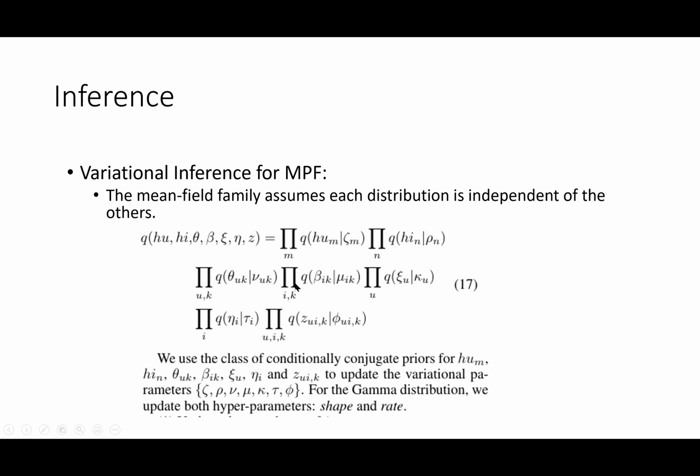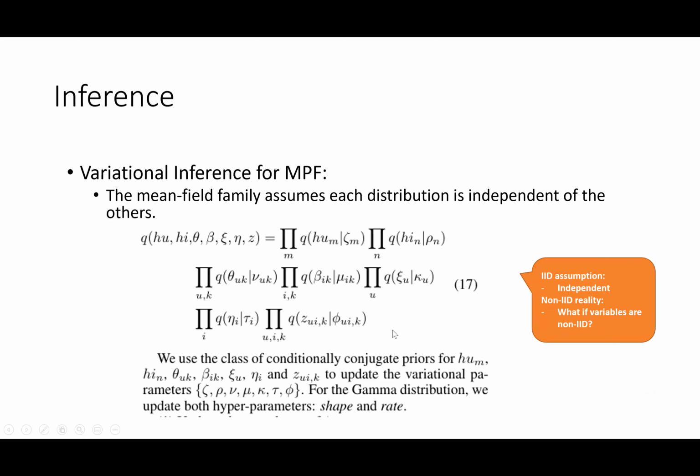When we do this, a very important assumption is that those latent factors are independent, right? When they are independent, we use a mean field and factorize it in this way, right? So this is very important.